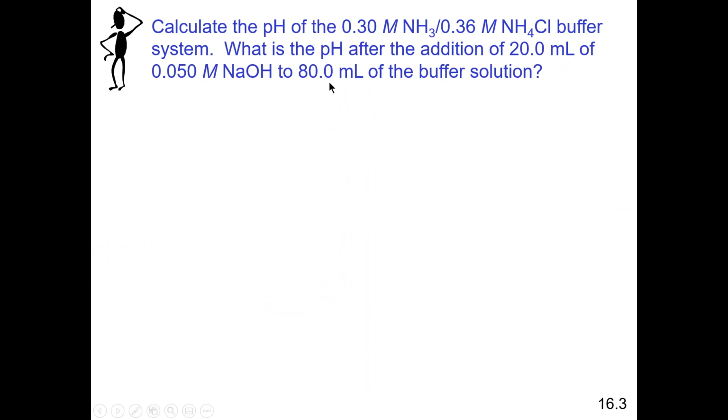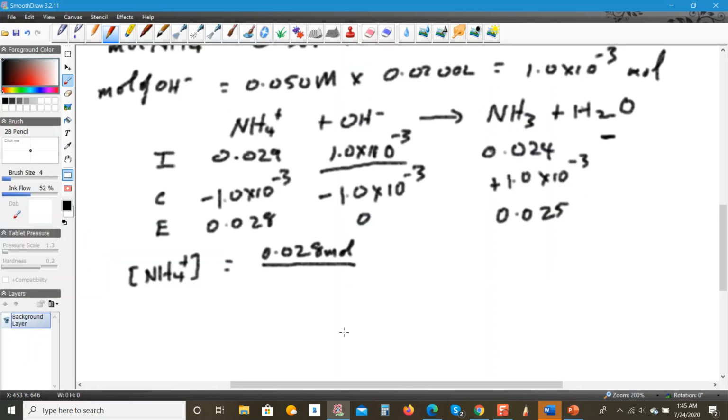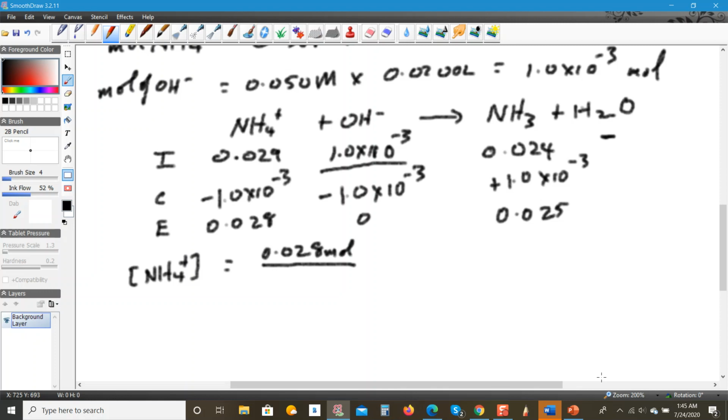So going back to my drawing board here, the total volume would be 100 mL, which when expressed in liters is 0.1000 liters, right? And this works out to be equal to 0.28 M.